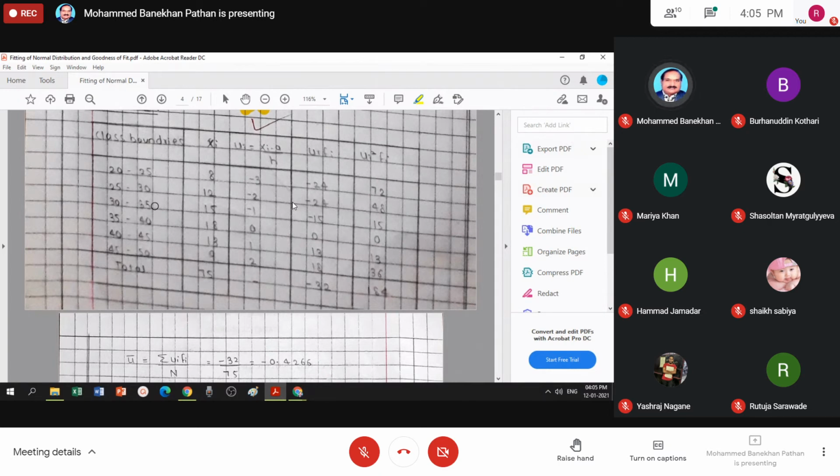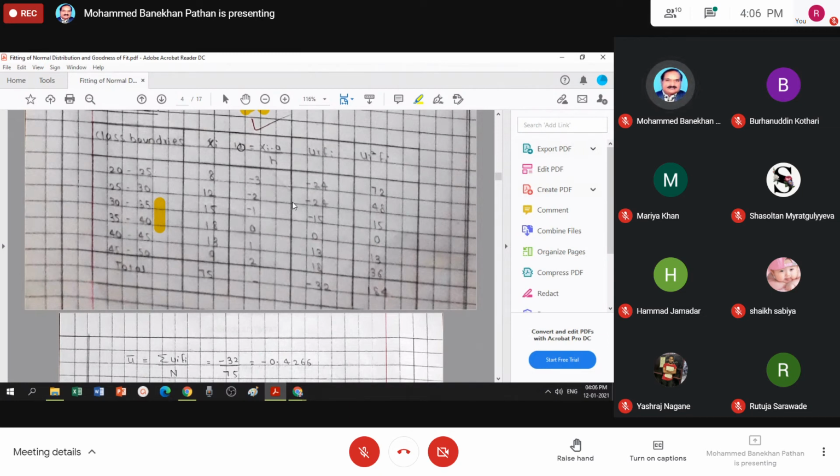So there are two middle classes, 30-35 and 35-40. So the value of A may be the midpoint of this, or may be the midpoint of that. Sometimes it may be the average of these two midpoints. You have a choice. In this example, A is taken as the midpoint of this, that's why in front of that it is 0.